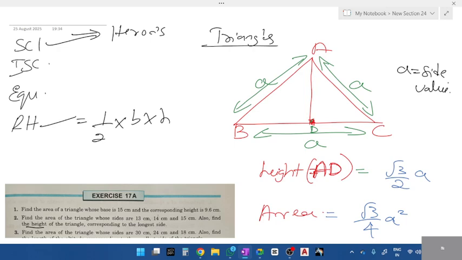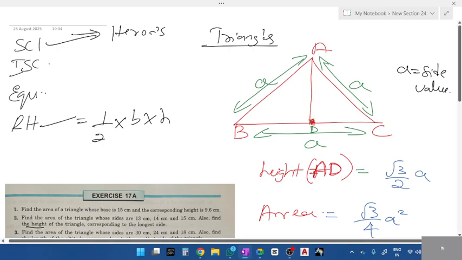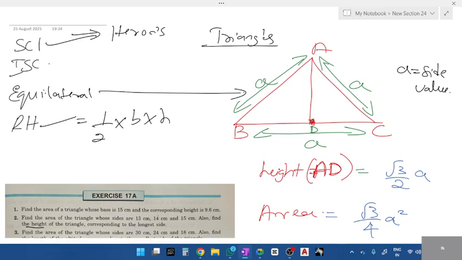Draw the equilateral triangle. This is equilateral. So for scalene, one formula; right angle triangle, one formula; for equilateral, two formulas. You should remember these two, height and area.